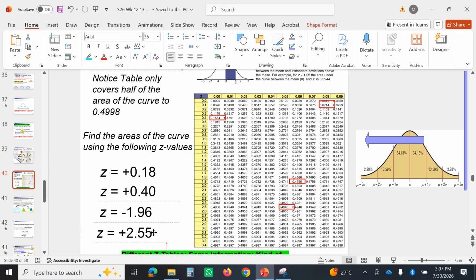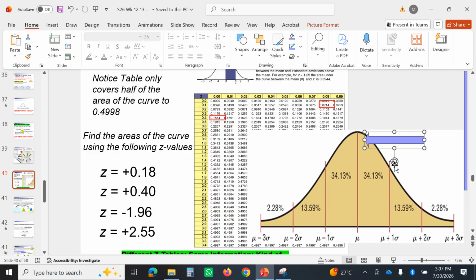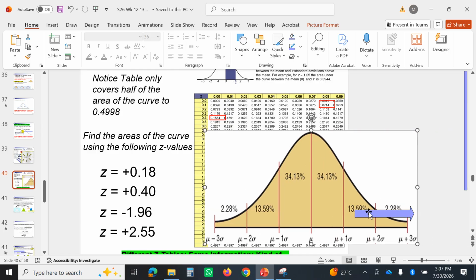Let's have a look at the last one here. Z is equal to plus 2.55. So you have a look at where we're at. Now we're in the positive direction, right? And I'm going to move that over there. So we're looking at two standard deviations, right? So there's one standard deviation, two standard deviations.